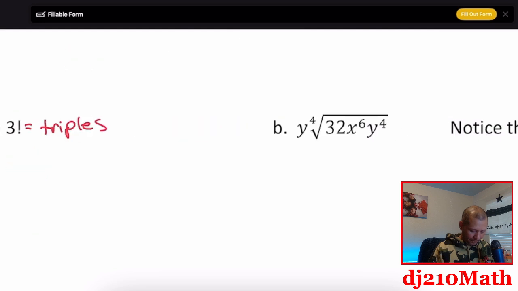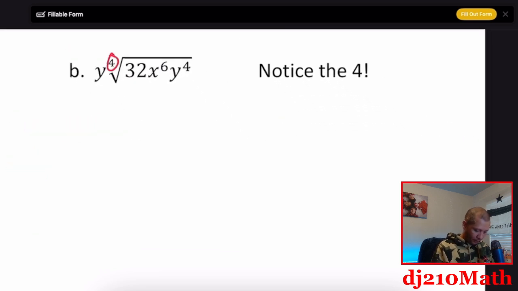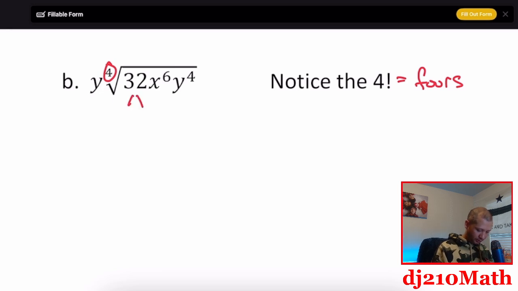All right, last question. Notice it's a 4. So this means we're looking for groups of 4. So 32 is 2 times 16. 16 is 2 times 8. 8 is 2 times 4. 4 is 2 times 2.